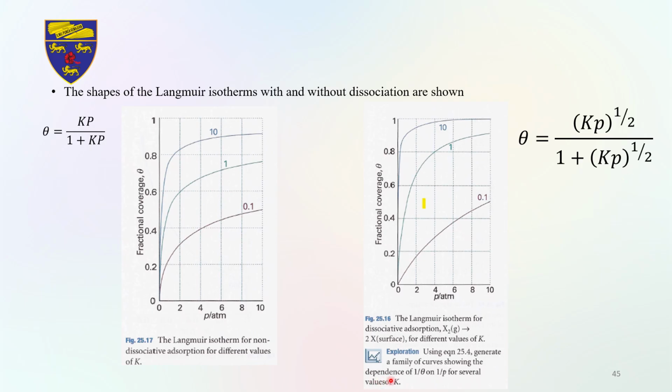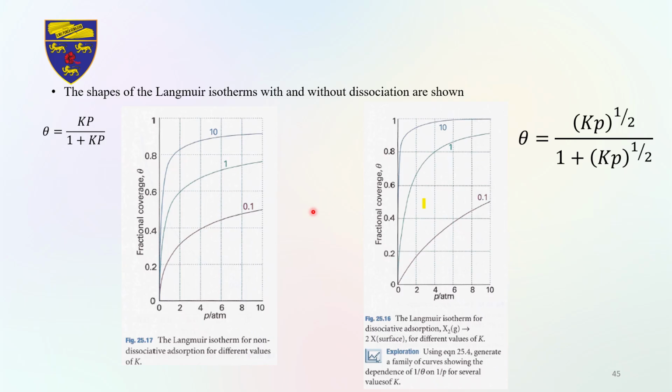Both of these graphs show a family of curves corresponding to the values of K, which are labeled as 10, 1, and 0.1. At a high equilibrium constant with K equals 10, these curves are the steepest for both cases.